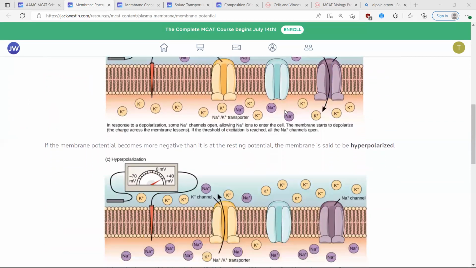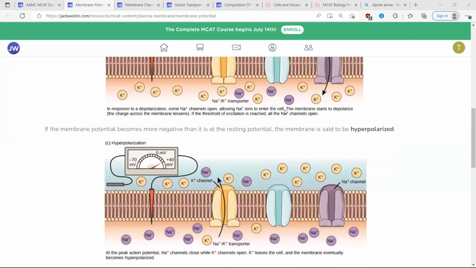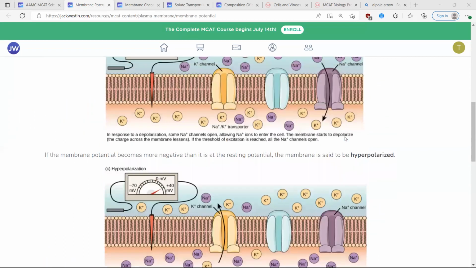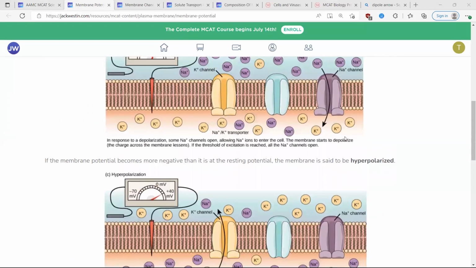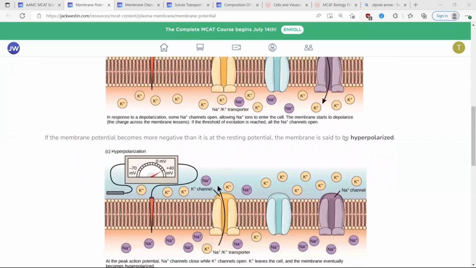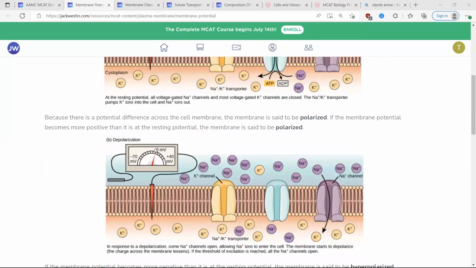Now, the interesting thing is the sodium channel is a little slow to close. Or is it the potassium channel? Well, anyway, when the sodium channel opens, the sodium will keep coming in. It won't just stop when it hits 0.